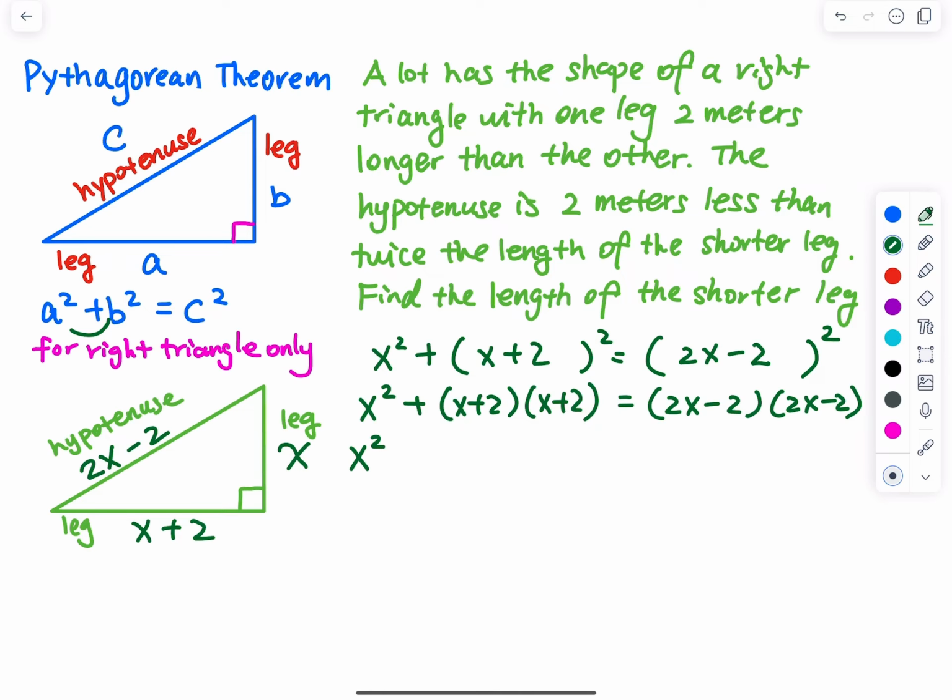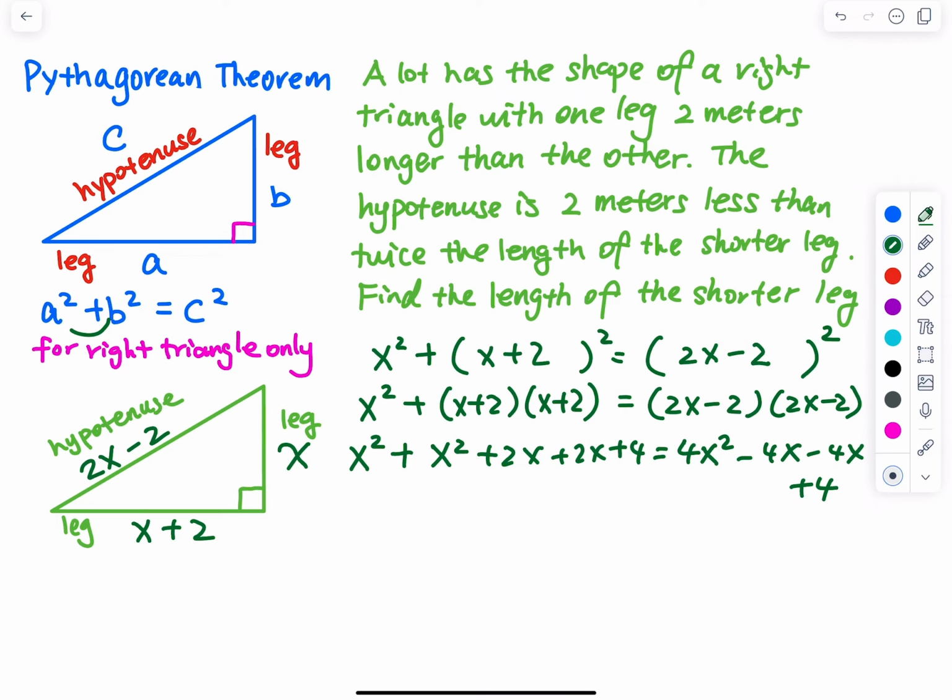For the first term, we are using the FOIL method: first, inner, outer, last. x times x equals x squared. x times 2 equals 2x, and 2 times x equals 2x. 2 times 2 equals 4. And then the other side, 2x times 2x is 4x squared. 2x times negative 2 is negative 4x, minus 2x is minus 4x, and minus 2 times minus 2 is plus 4.